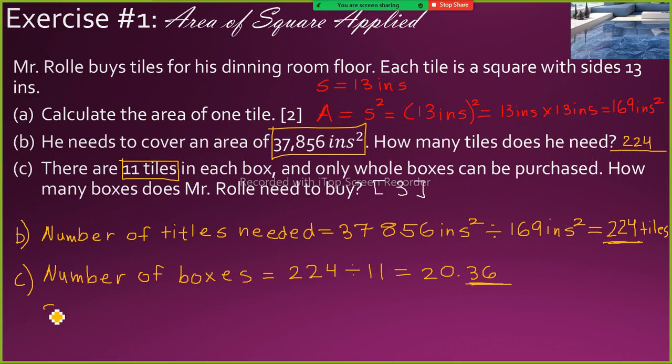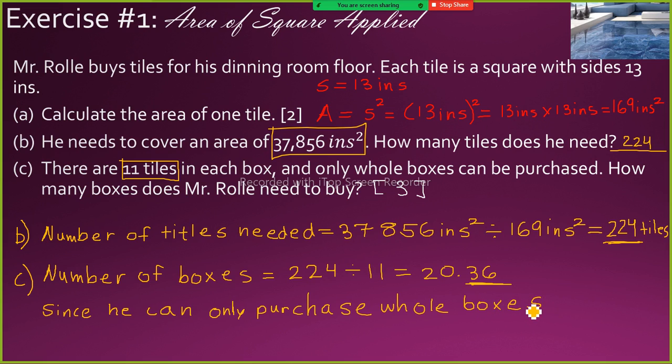So the answer here is, since he can only purchase whole boxes, he should buy 21 boxes.